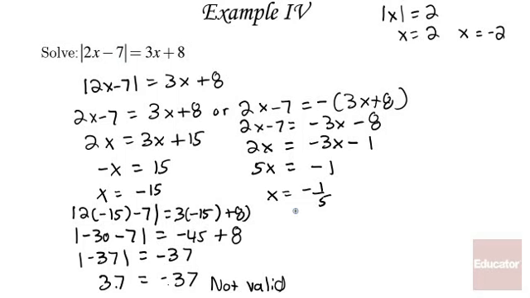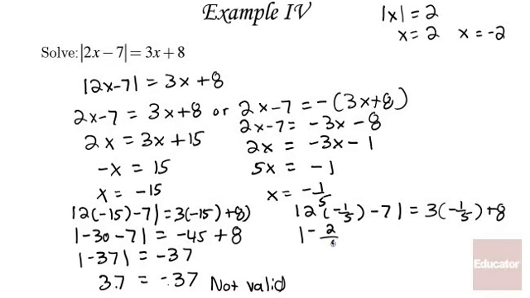Let's try this one. X equals negative 1/5. Substituting it in here: 2 times negative 1/5 minus 7 equals 3 times negative 1/5 plus 8. So that's going to give me the absolute value of negative 2/5 minus 7 equals negative 3/5 plus 8.